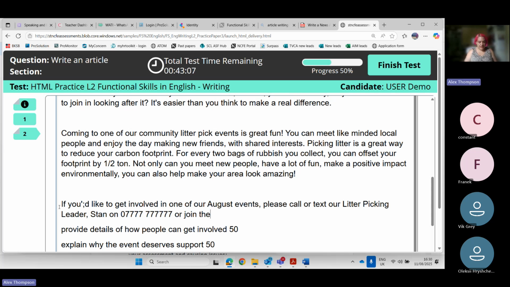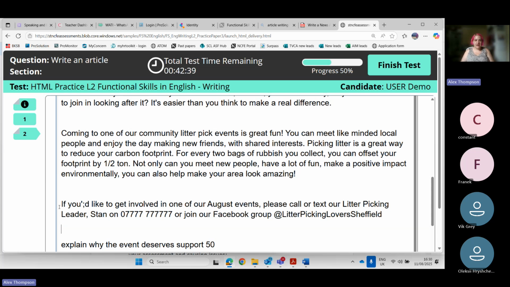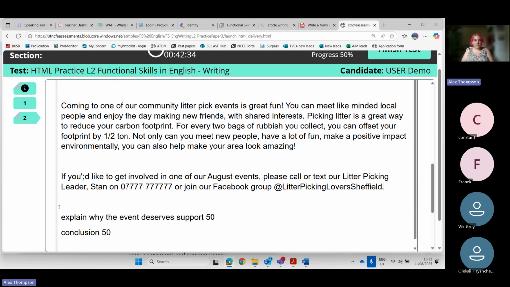Or join our Facebook group at Litter Picking Lovers Sheffield. There we go, because we love litter picking. So again, that one's a relatively short paragraph. But by the time we've got to the very end, it will all add up.